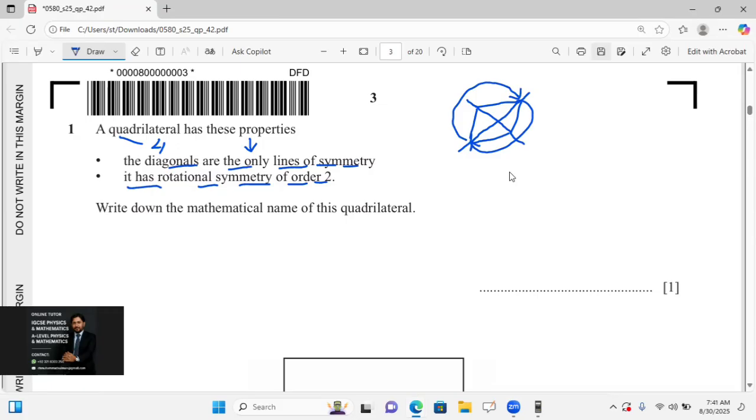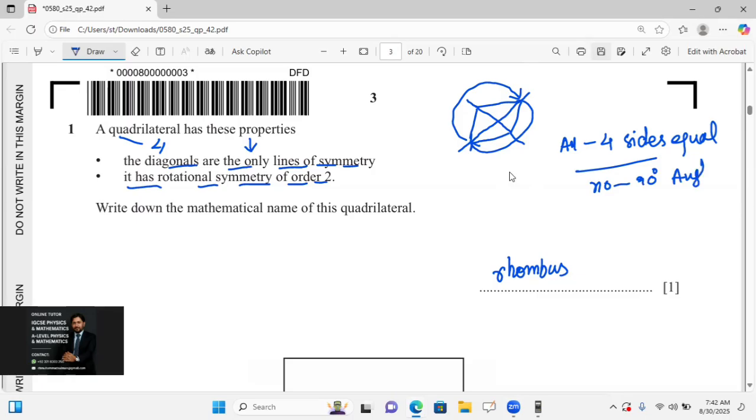Then this type of quadrilateral is called a rhombus. It has all 4 sides equal in length, just like a square, but no angle of 90 degrees, unlike a square. So this was our question number 1.